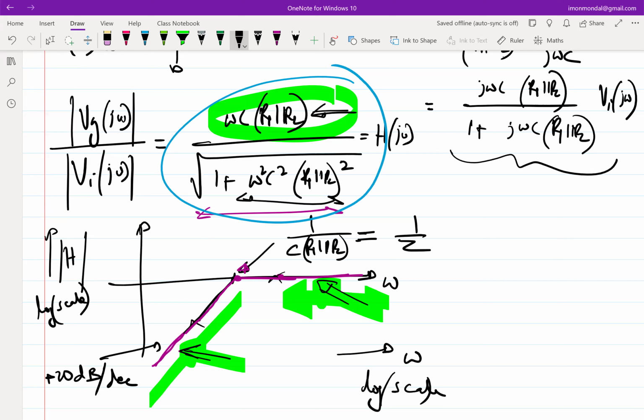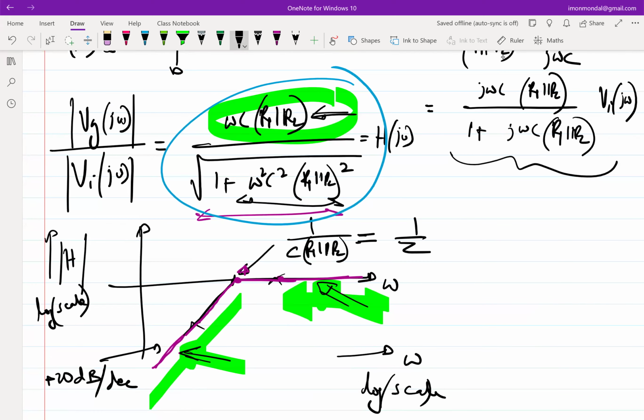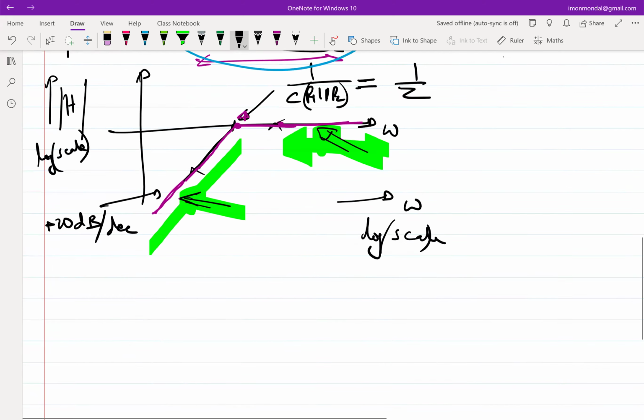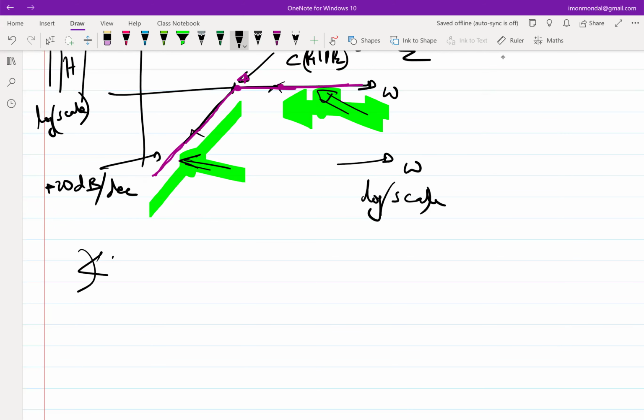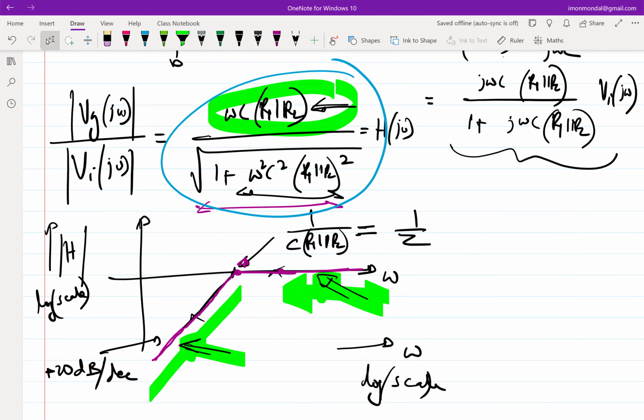Similarly, we can also plot the phase. So what should the phase look like for this? Let me also write out the expression for the phase. So this is the complete transfer function.